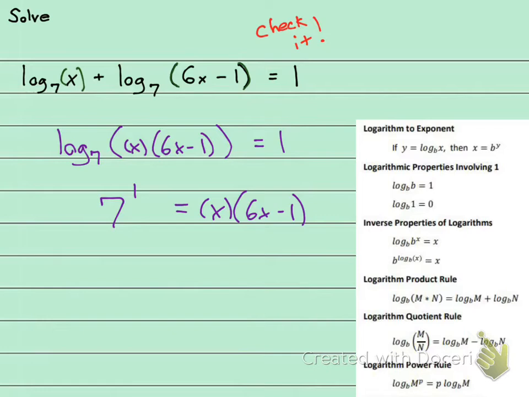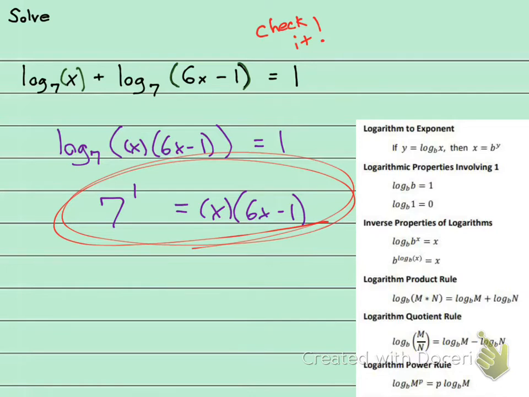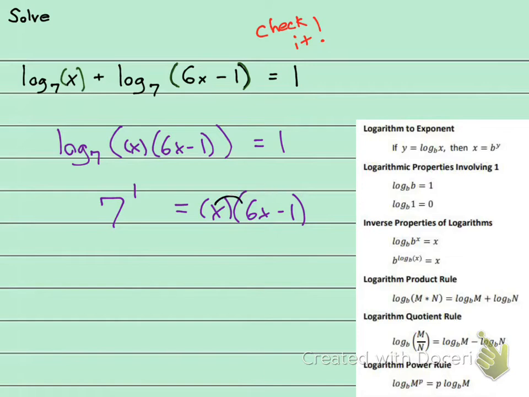Now you're going to recognize that this is just a quadratic equation, and so you need to solve it like a quadratic equation. So I'm going to distribute my x. X times 6x is 6x squared. X times negative 1 is negative 1x.